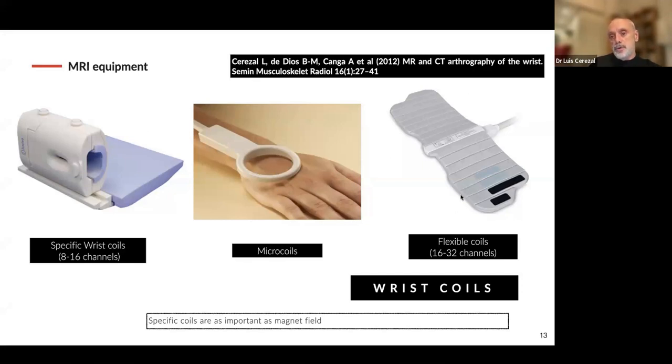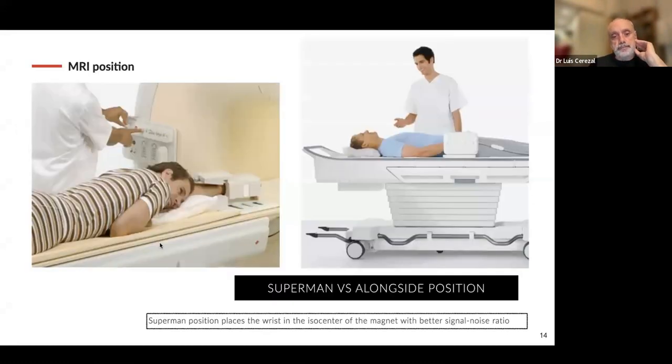Another option is multi-purpose flexible coils with multiple channels, even 32 channels, and the quality of these coils, which could also be used for the elbow and other structures, is really as good as the other options.